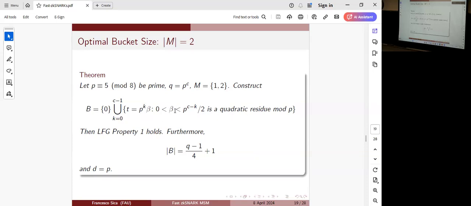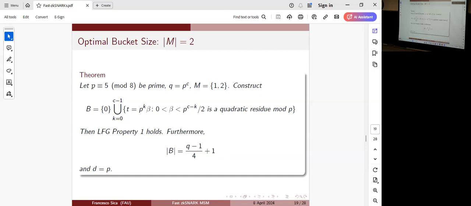These are quadratic residues. It's a power of P times a quadratic residue modulo P, the first half of the quadratic residues, up to P over 2. Then the Luo-Fugong property 1 holds.